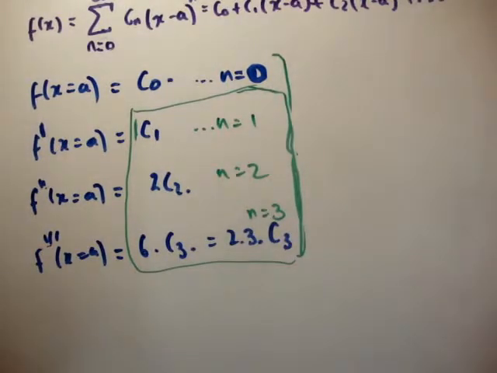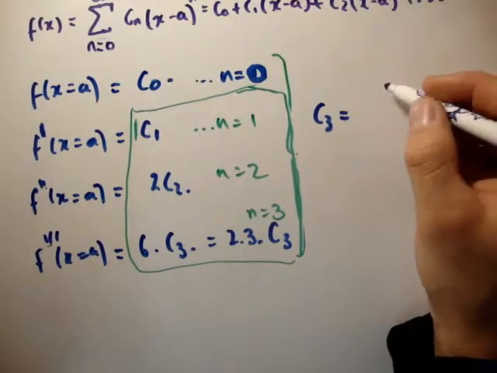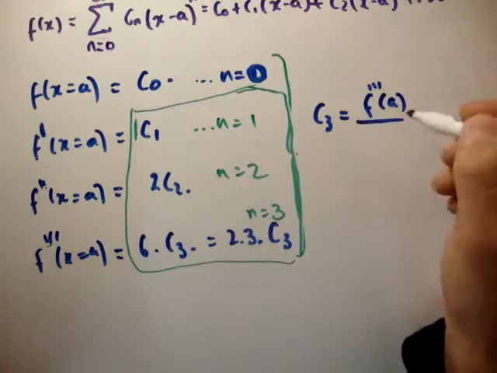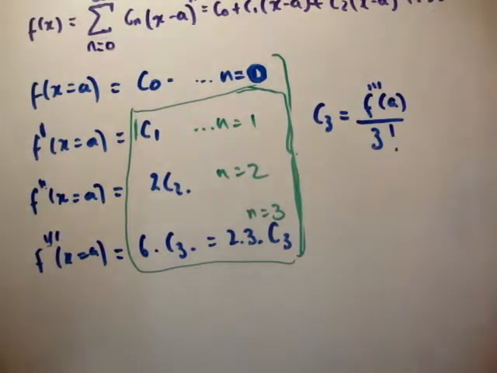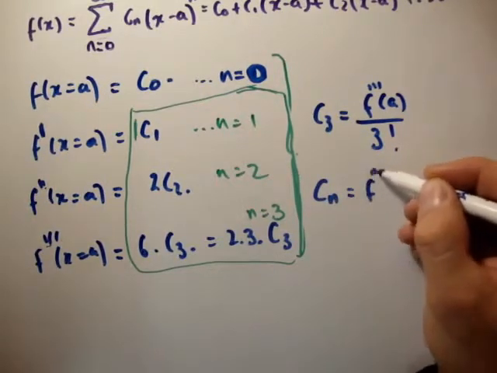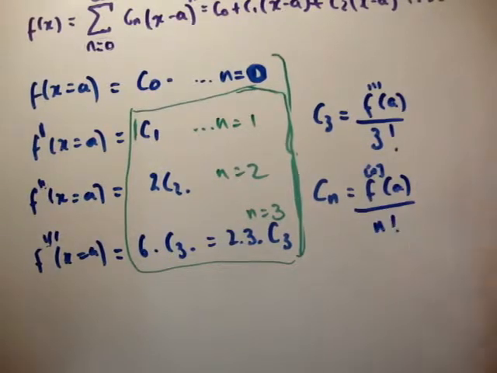So can we rearrange these formulas here? If we do, we'll get c sub 3 is equal to the third derivative at a divided by 3 factorial. Or we could say c sub n is equal to the nth derivative centered at x is equal to a divided by n factorial.